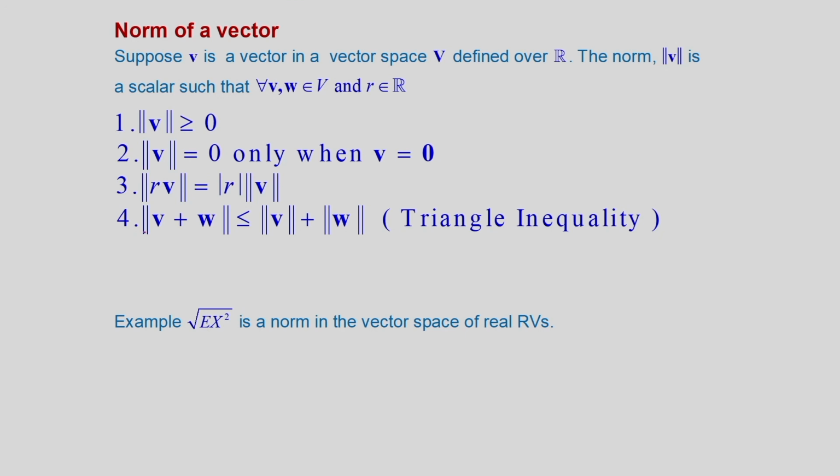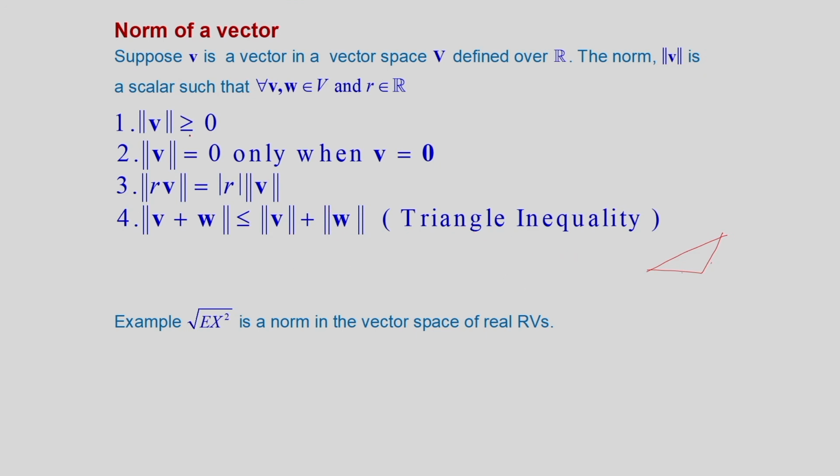Now, the fourth property is important, that is the triangular inequality. In the case of length, we know that in any triangle, the third side will be less than or equal to the sum of the other two sides. So, this result is, that is, norm of V + W is less than or equal to norm of V + norm of W. This is the triangular inequality.